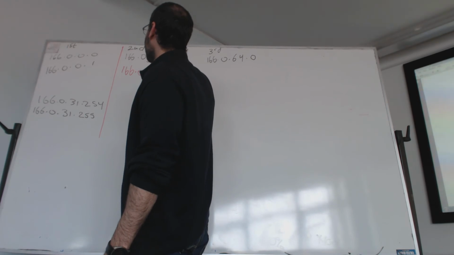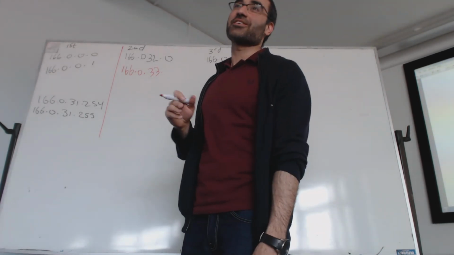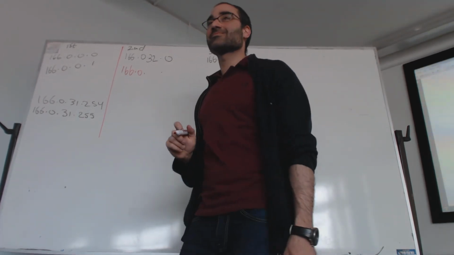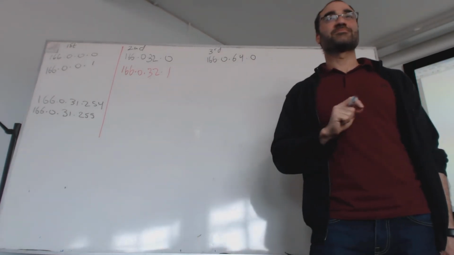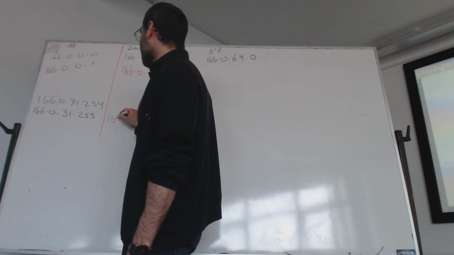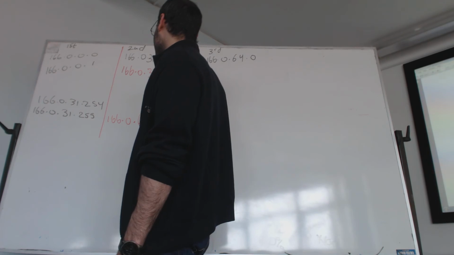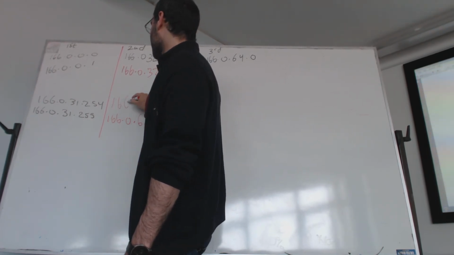Be careful. If you say 33, you skipped. You can't say 033. So what's your first address? 32.1. Last address? So give me the broadcast. 166.0.63.255. Last address? 63.254.